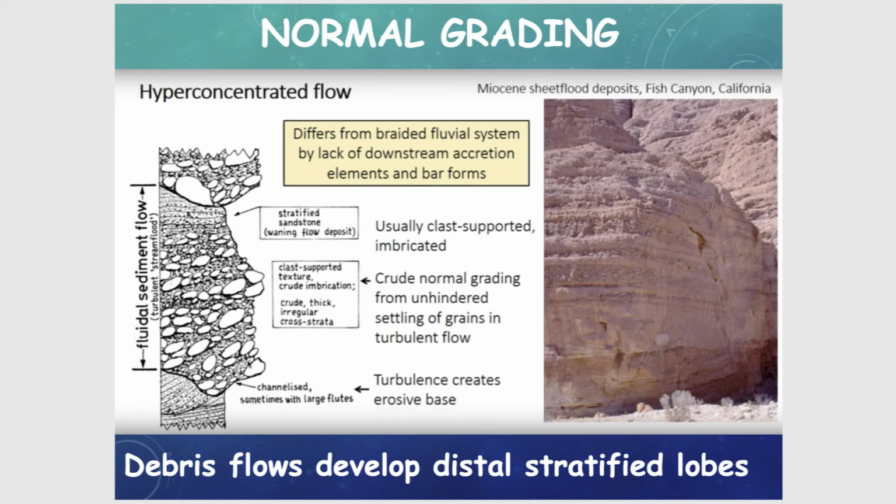Instead, the proximal deposits will be more like this because they represent the bed load, and this part here represents the suspended load, and this is why there is such a huge change in the dimension of the clasts. So in some of the debris flows we will get major blocks that can exceed 8 meters easily in dimension, which you will never find in deposits that are related to suspended load.